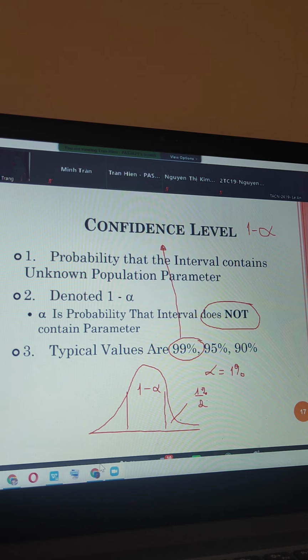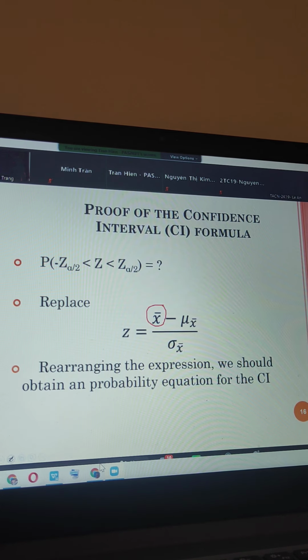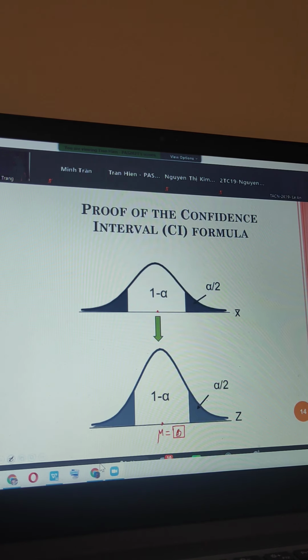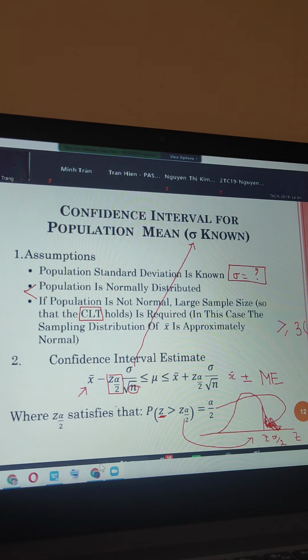So the area on the left-hand side and right-hand side will be equal to 1% divided by 2. And after that, you have to find the value z, z of alpha over 2. So these are the steps you can use to determine the value of z alpha over 2 in the formula.